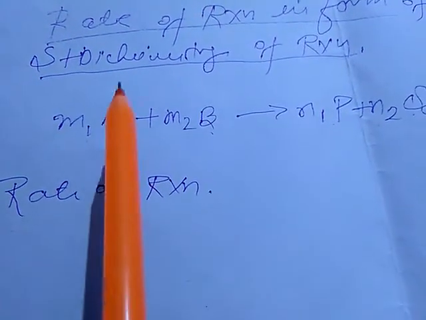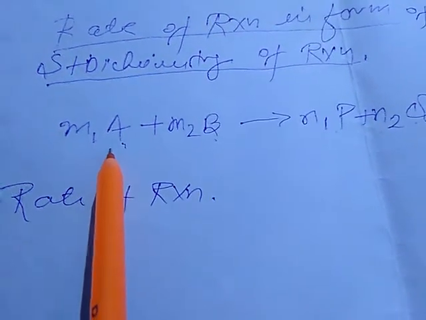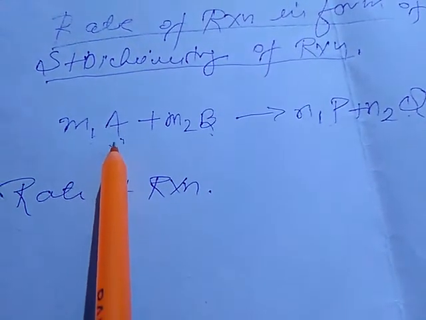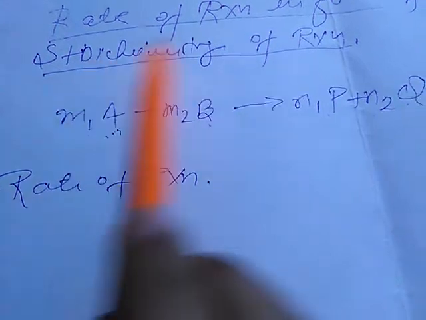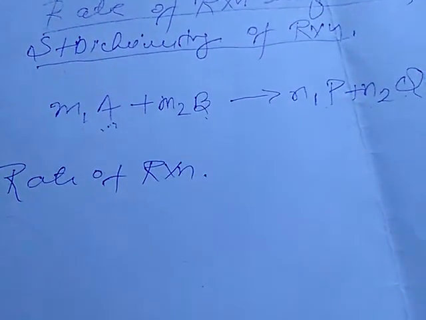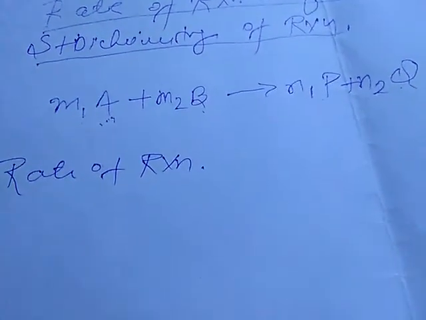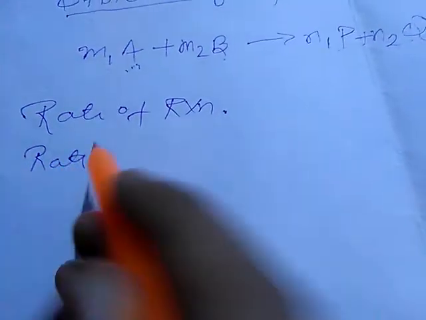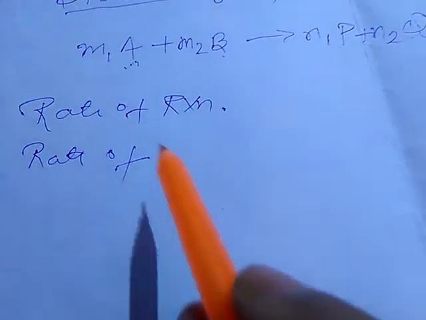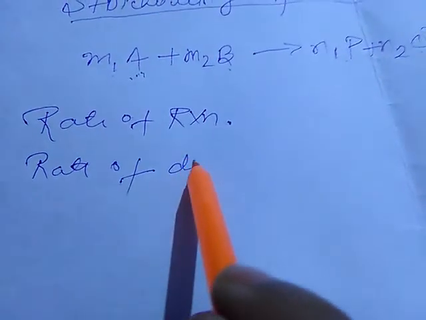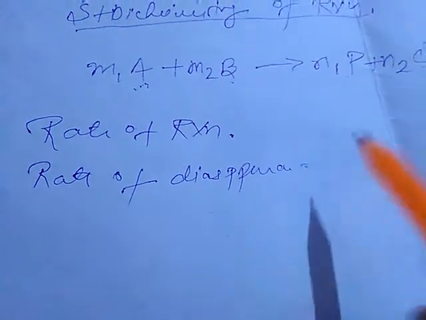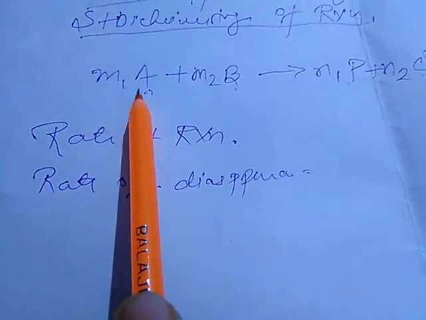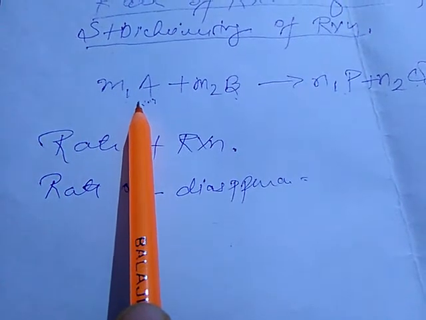So firstly, we will calculate the rate of disappearance of A in this given chemical equation. Here disappearance means consumption, at which rate this A is being consumed in the reaction.